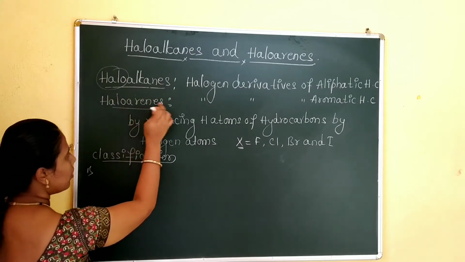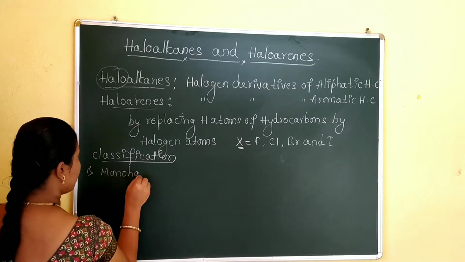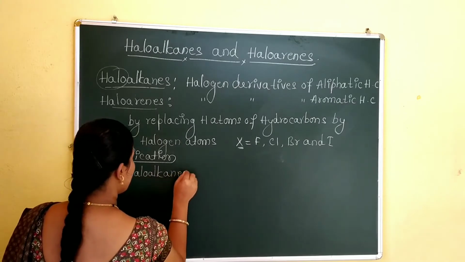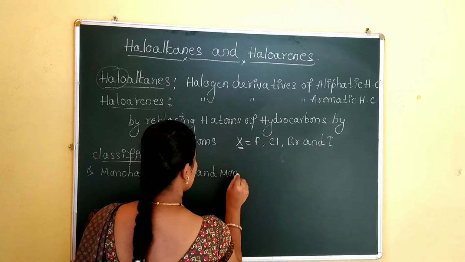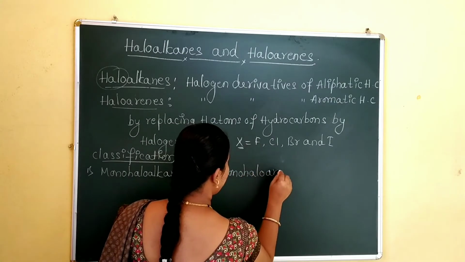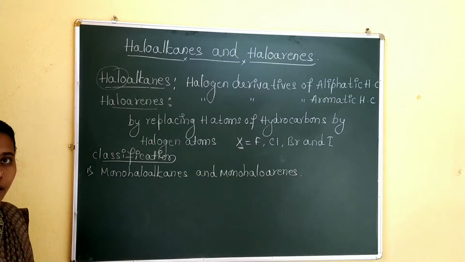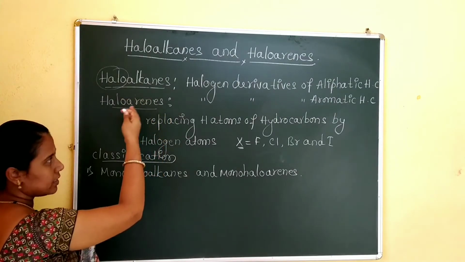They are classified as monohaloalkanes and monohaloarenes, based on the number of halogen atoms present in these haloalkanes and haloarenes.